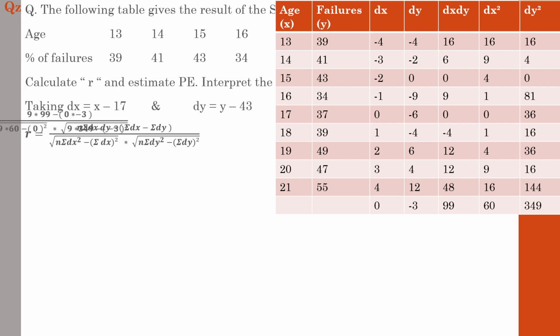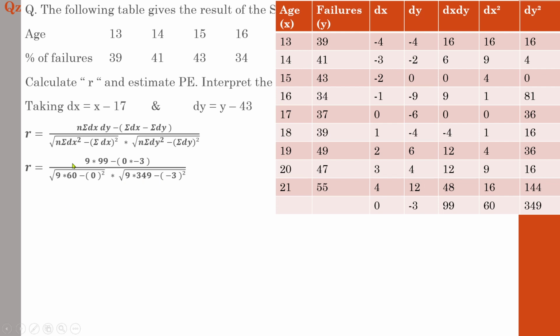Substitute the values in the equation here, and 9 items. 9 into sigma dx dy, which is 99, minus sigma dx, the dx total, which is 0, into sigma dy, the dy total, which is minus 3, divided by root of n, 9 into sigma dx square, which is 60, minus sigma dx the whole square, that is 0 raised to square, into root of 9 into sigma dy square, which is 349, minus sigma dy the whole square, which is minus 3 the whole square.